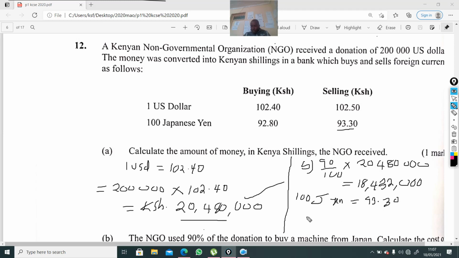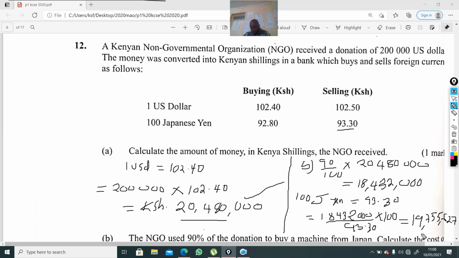It will be equal to 18,432,000 times 100 divided by 93.30, and if you multiply using your calculator, it will give you 19,755,627 to the nearest Japanese yen.